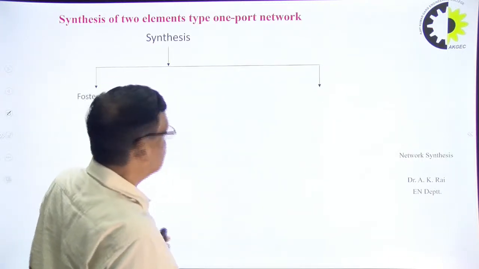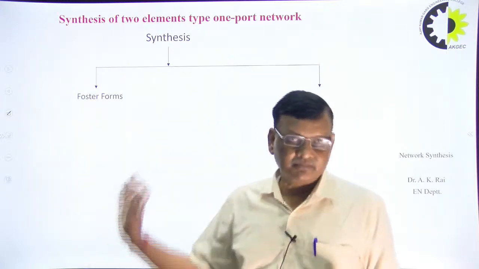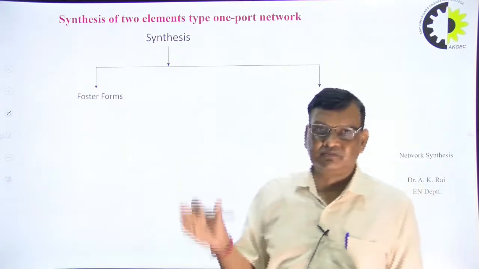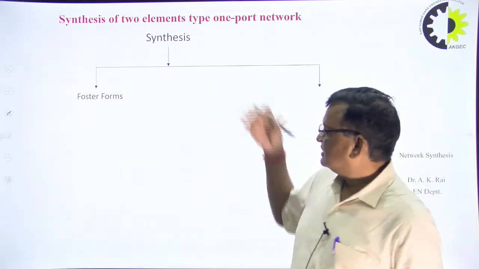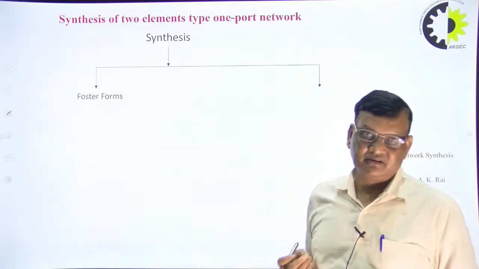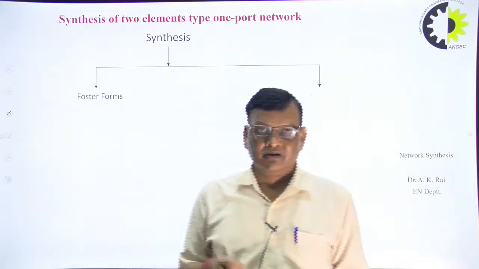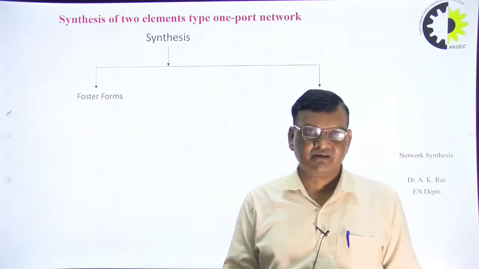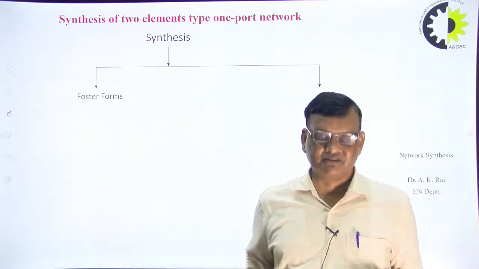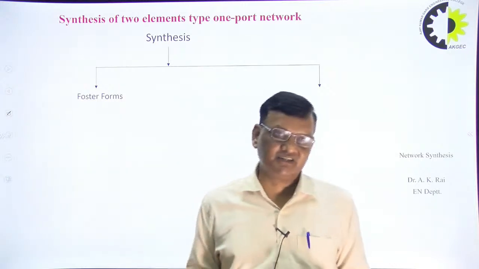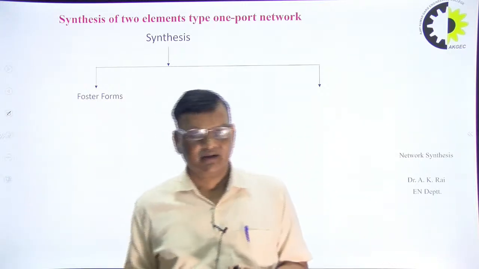Then there are some special forms. Previously we discussed the generalized method, how it decomposes in the form of RLC. Here Foster and Cauer have given the synthesis of a network of a given function in forms of two elements, either RL, RC or LC.